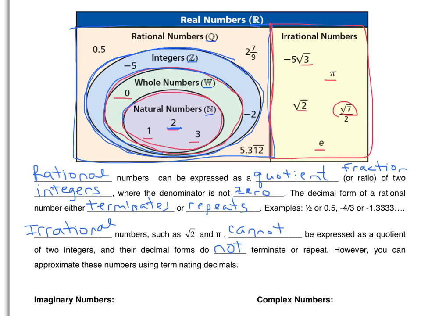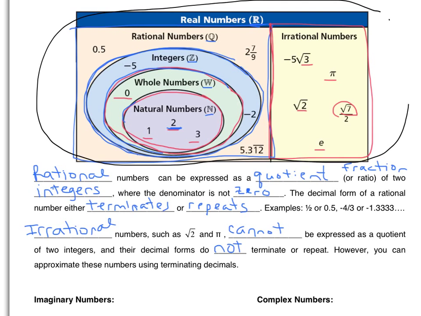So irrational numbers are those that do not repeat, do not terminate as far as decimals, and can't be written in any of the forms of the rational numbers. All of the rational and irrational numbers are contained within this big box here, that they are all real numbers. Those are the numbers that we have worked with for as long as we can remember.